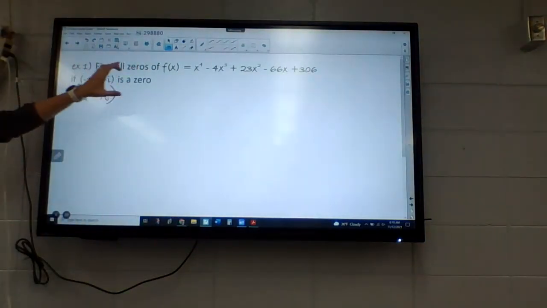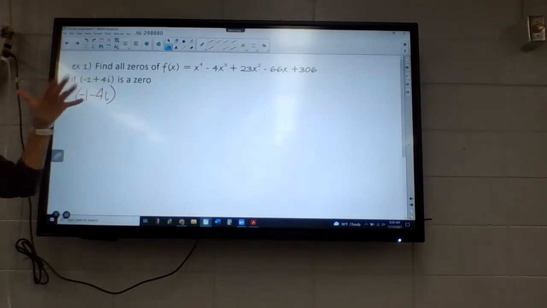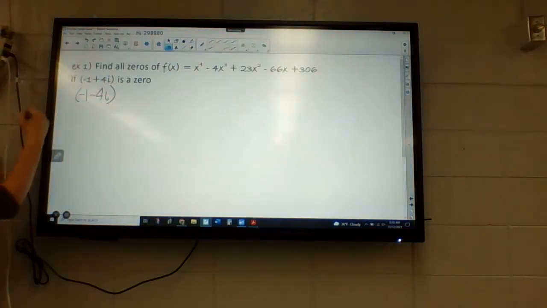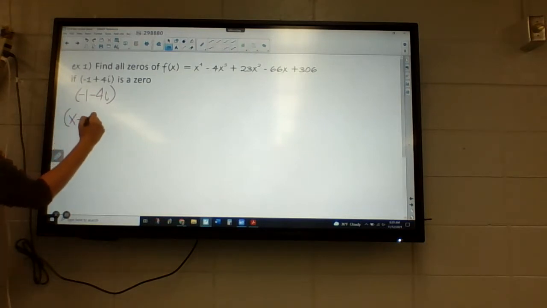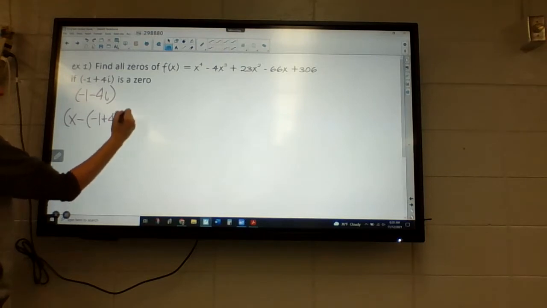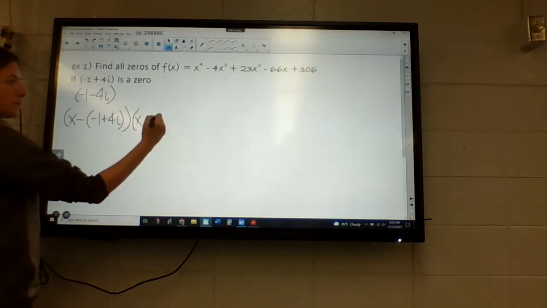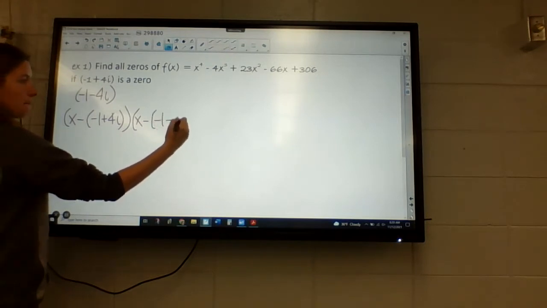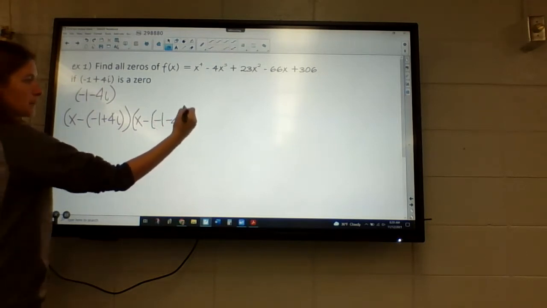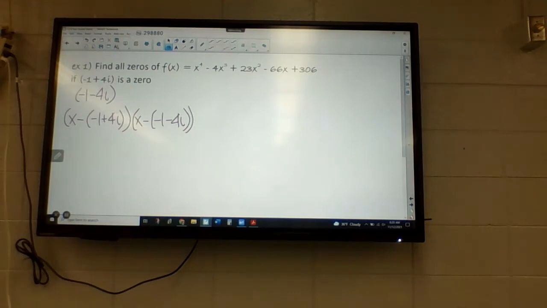Now this itself, we can't substitute that. Well, I guess we could substitute it and check it, but it would be an absolute mess. So what we do instead is we do x minus the zero. So making sure you're doing x minus that zero, I put it in parentheses to help you notice that.